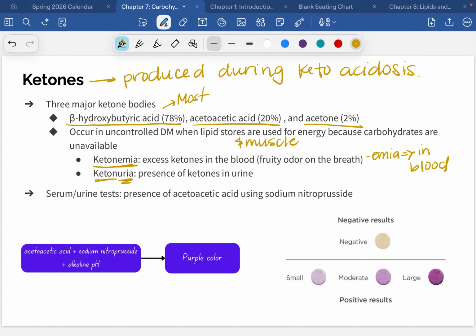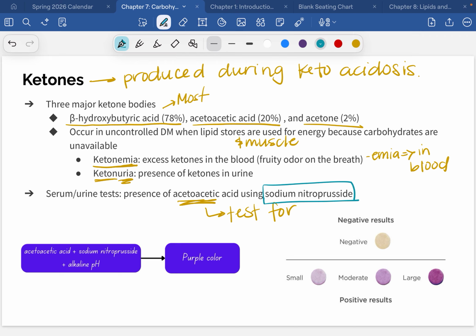But what we're testing for here is you can test the serum or the urine for the presence of ketones, specifically acetoacetic acid. This is the one that we typically test for using sodium nitroprusside. So the methodology that we use for measuring ketones is sodium nitroprusside.